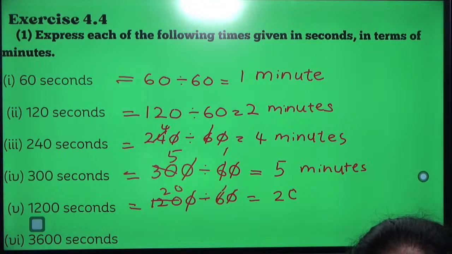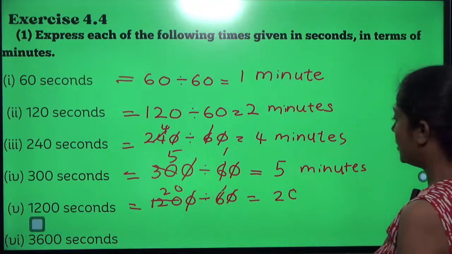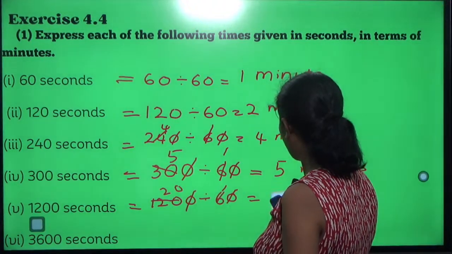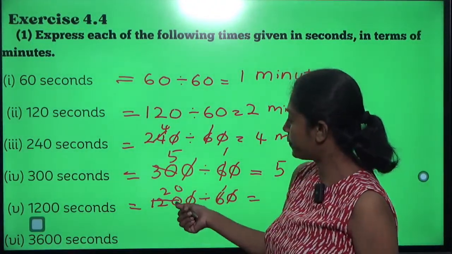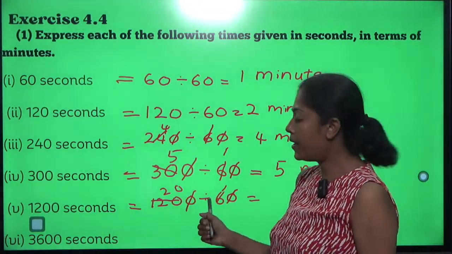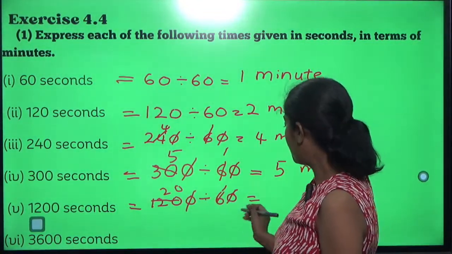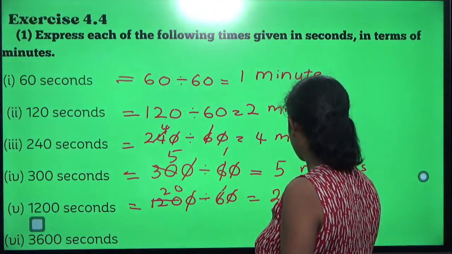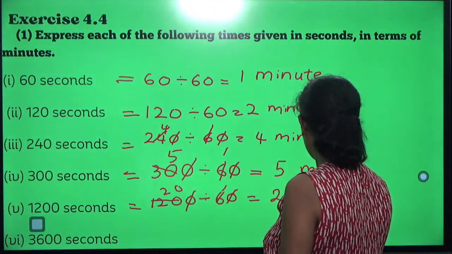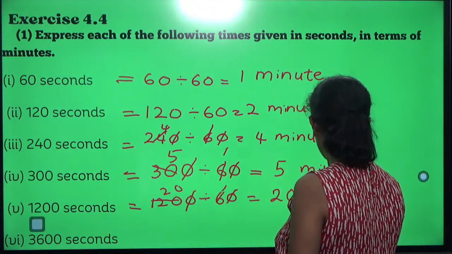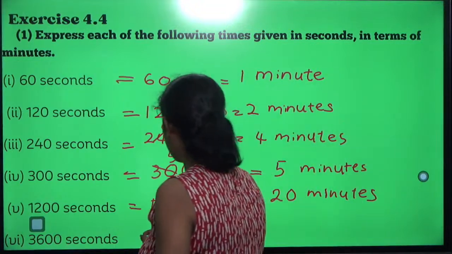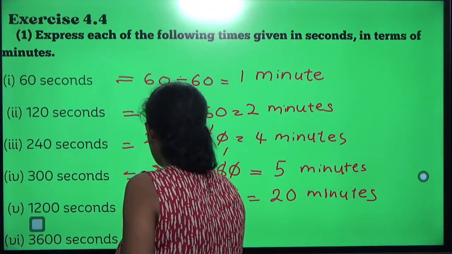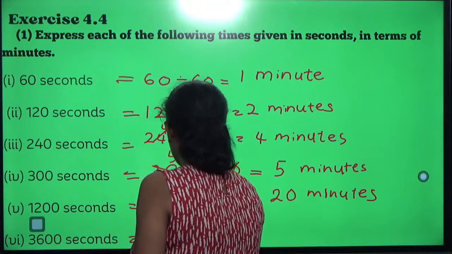Second question, 2 minutes. Then third one, 4 minutes. Then fourth one I have already done. Then fifth one, here you have to divide by 6, then 20 minutes. Answer is here. Then last one, 3600, you have to divide by 60.